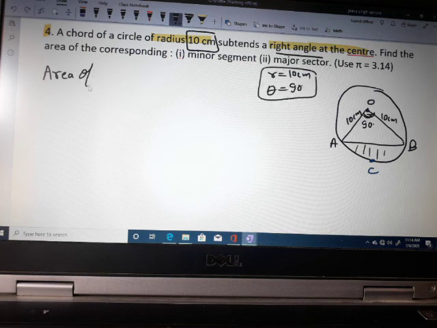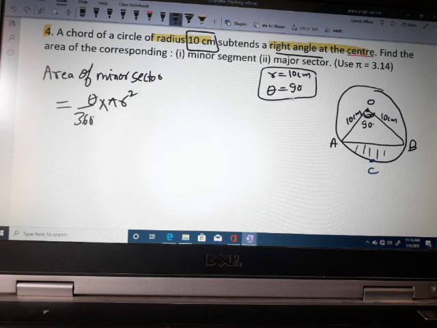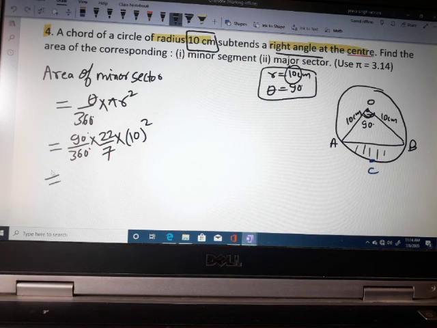The area of the minor sector is equal to theta upon 360 degree into pi r square. Put the value: 90 upon 360 into pi, 22 upon 7. The radius of the circle is 10 centimeter, 10 square.